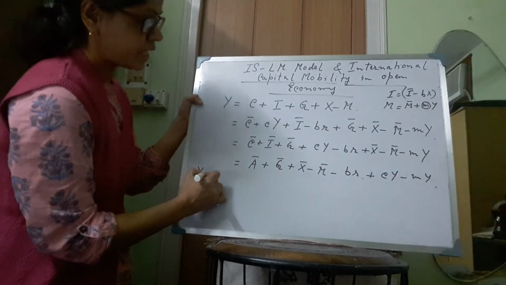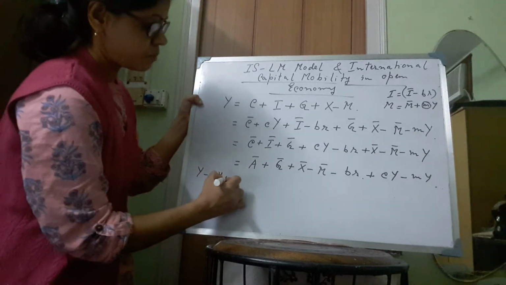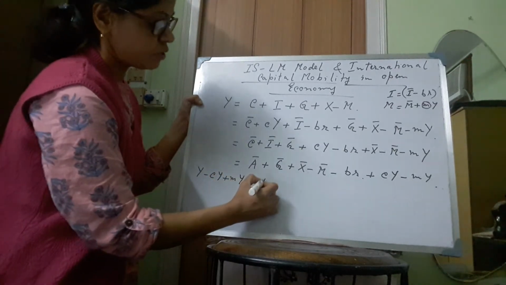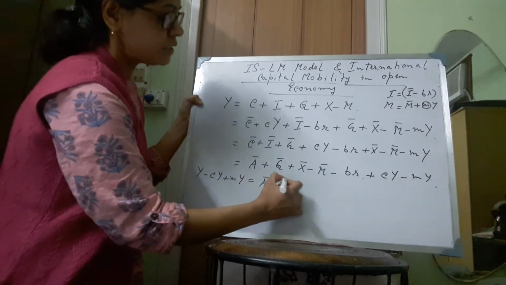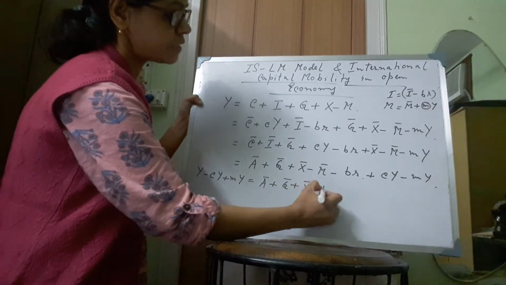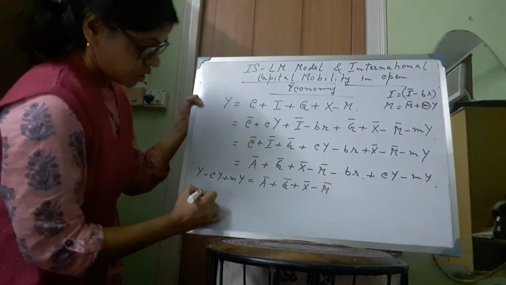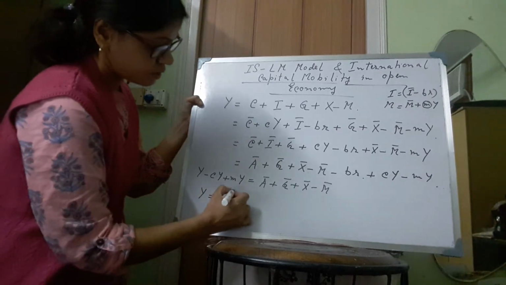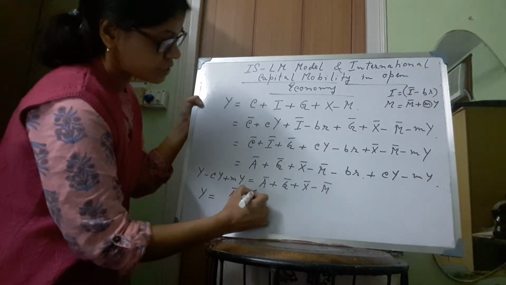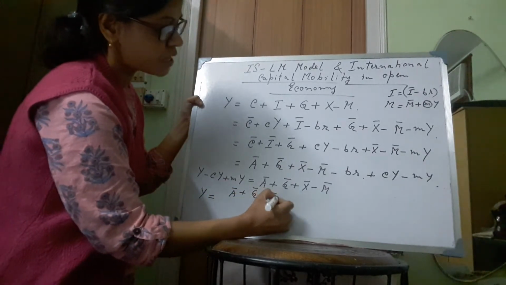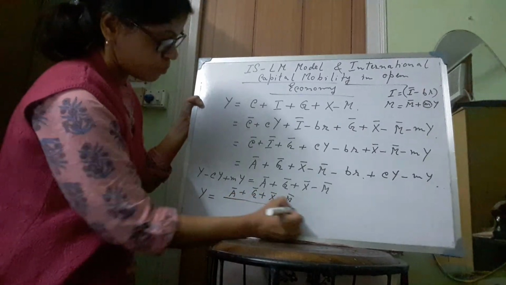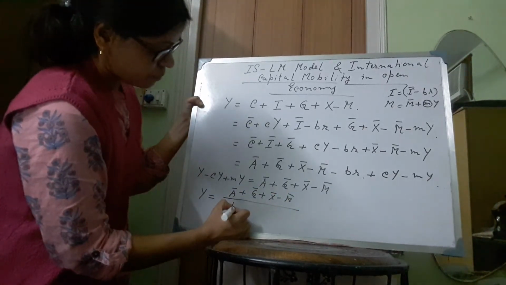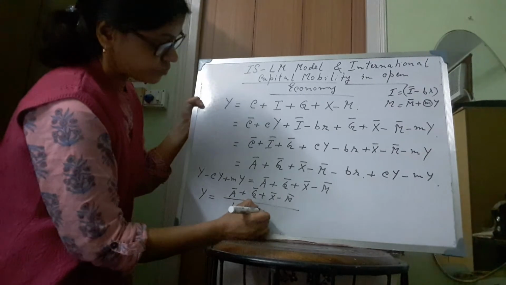Now we can write Y minus cY plus mY is equal to A bar plus G bar plus X bar minus M bar. Now taking Y common, we can write Y is equal to A bar plus G bar plus X bar minus M bar upon 1 minus c plus m.